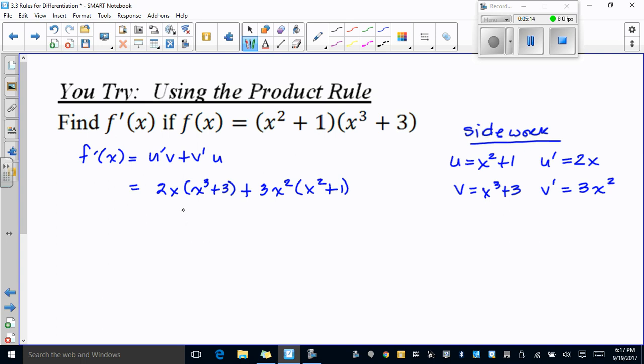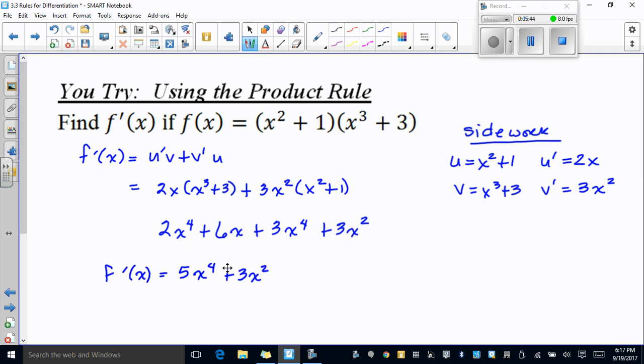So 2x times x cubed gives us 2x to the 4th, plus 2 times 3, 6x, plus 3x squared times x squared gives us 3x to the 4th, plus 3x squared. So f prime of x equals 2 plus 3, 5x to the 4th, plus 3x squared, plus 6x.